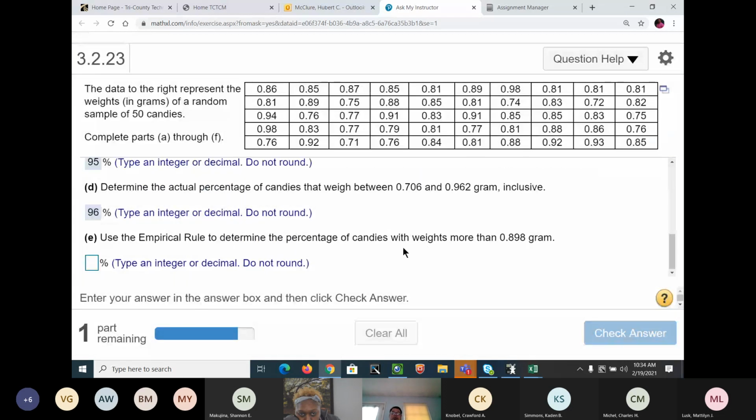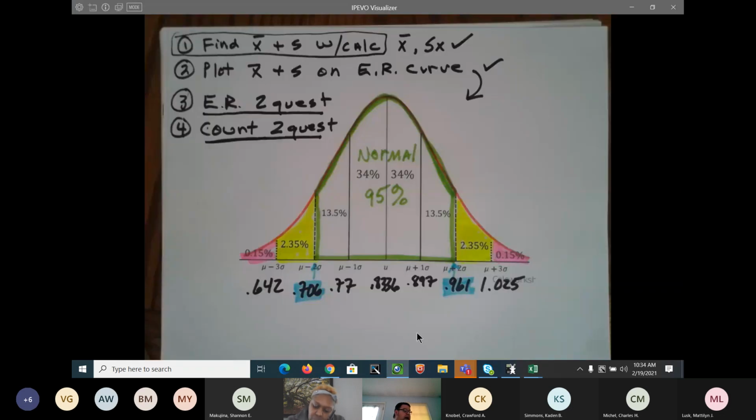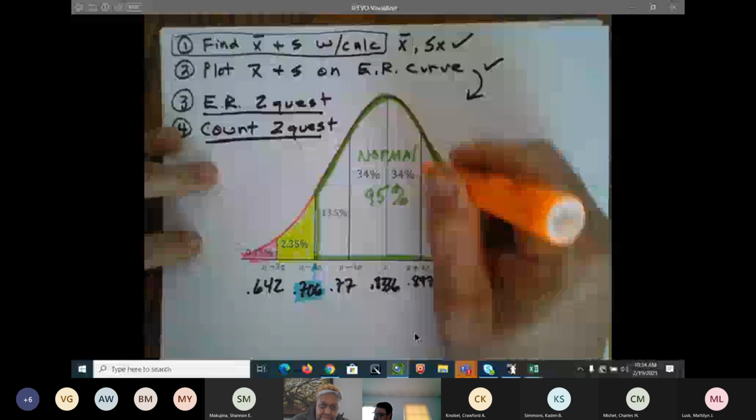All right, now I want you to do this one. Use the empirical rule. In other words, use the curve that you're supposed to, that Hubert told you to print out and you didn't. Use the empirical rule to determine the percentage of candies that weigh more than 0.898. So I take my orange highlighter. 898 is right here.